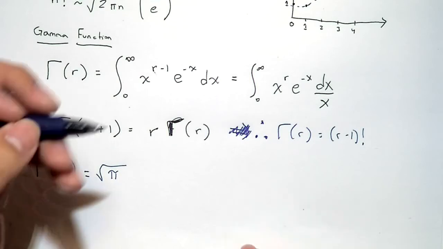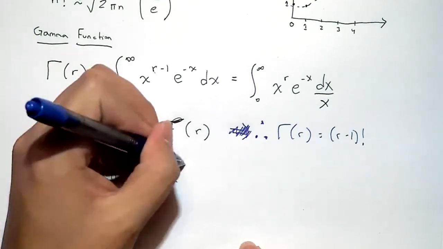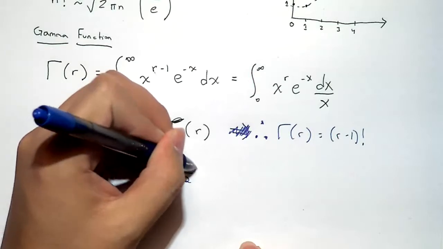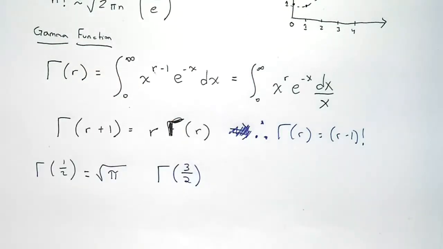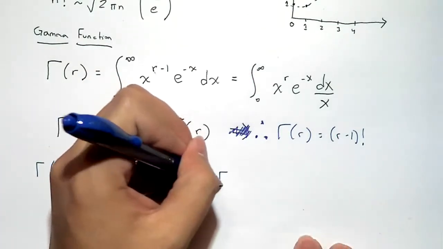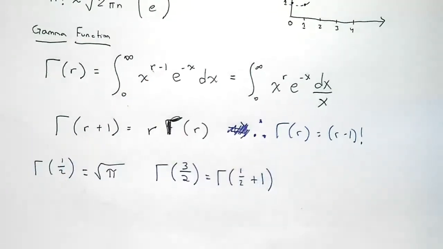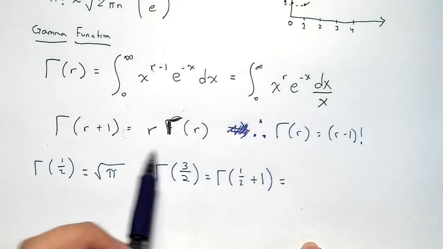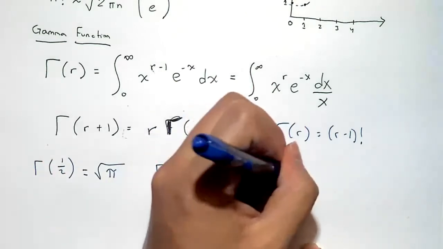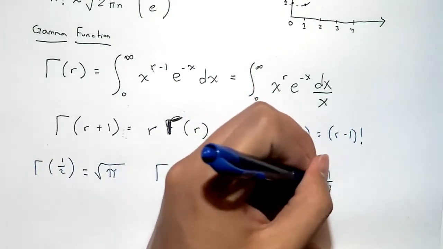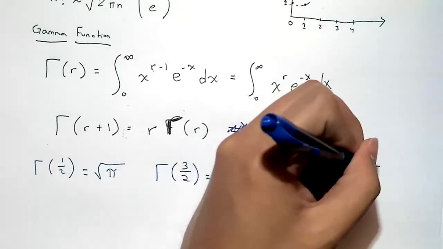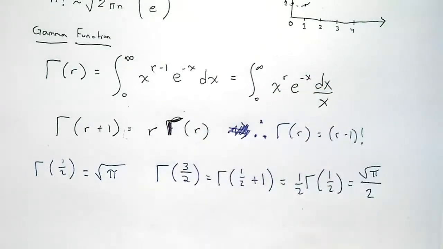We can continue with this. For example, we can try with gamma of 3/2. You already know that 3/2 is the same as 1/2 plus 1. And this is the same as 1/2 factorial. And following this property, this is the same as 1/2 times gamma of 1/2, which is just square root of pi over 2.